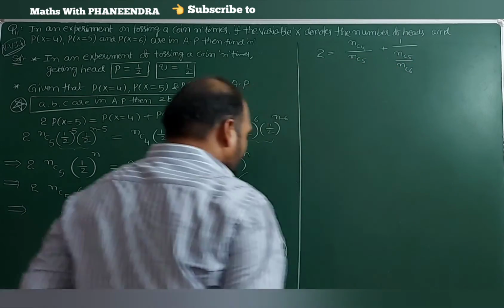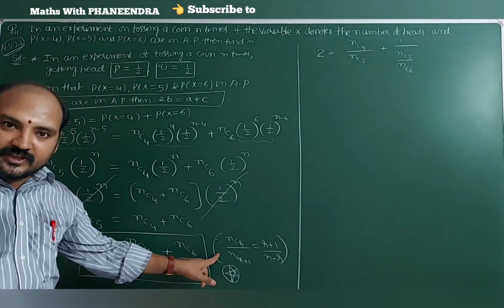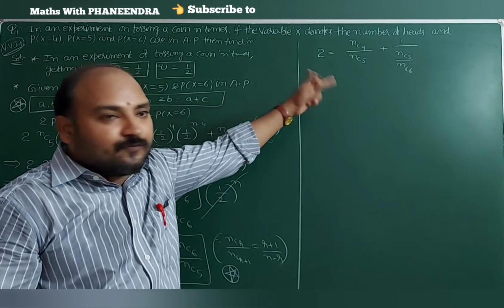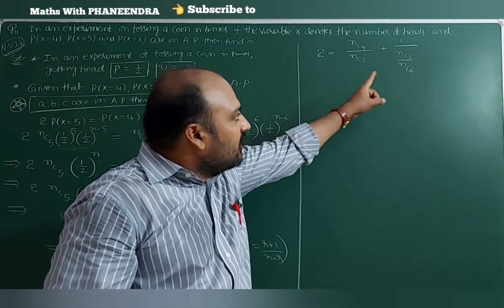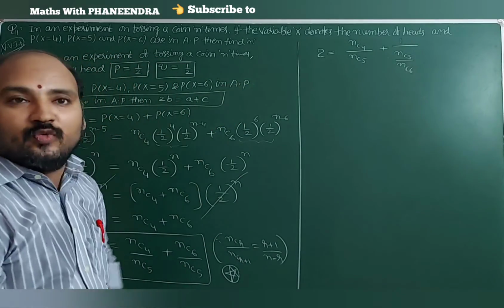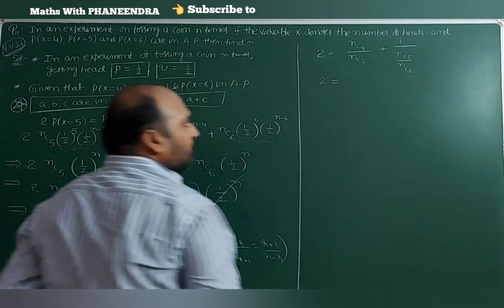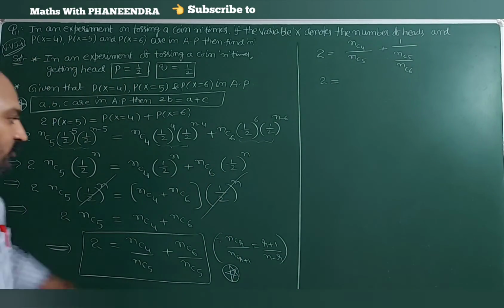I hope you understand it. To apply this formula I am writing like this: nCr by nC(r+1), nC4 by nC(4+1), nC5 by nC(5+1), where r is equal to 4 here. So which is equal to 2 equal to nC4 by nC5 is (r+1).